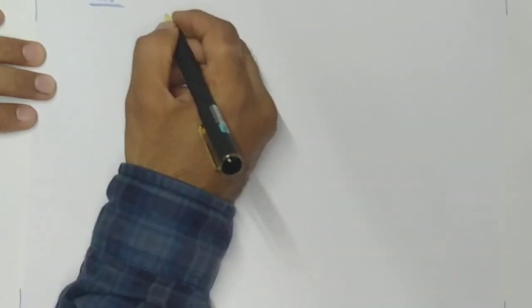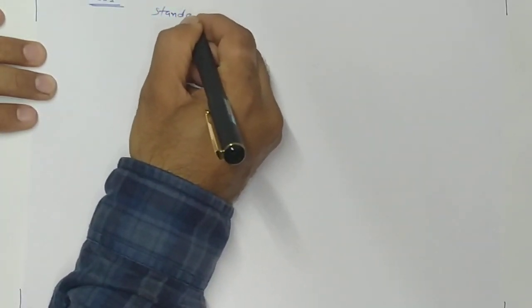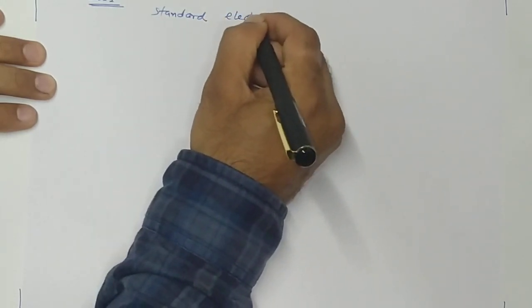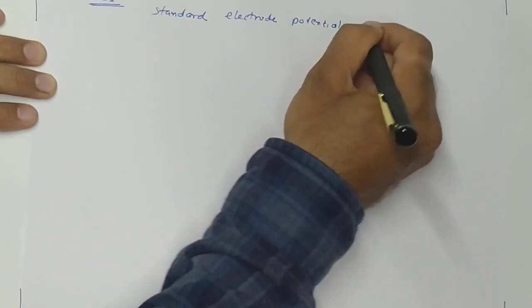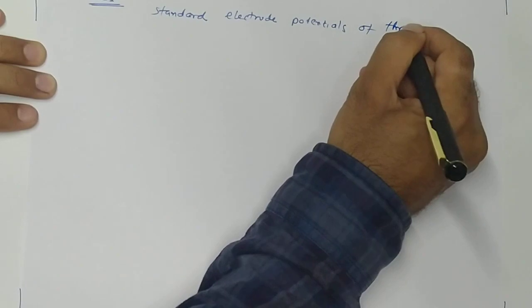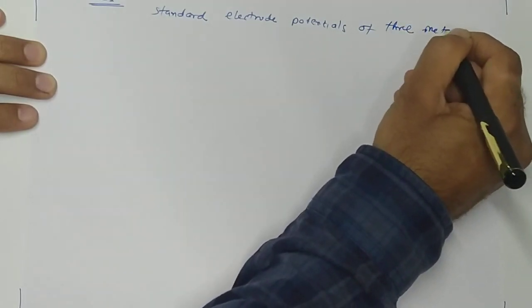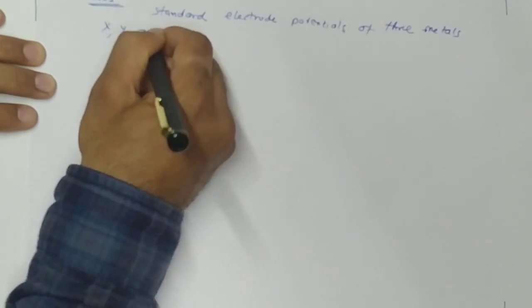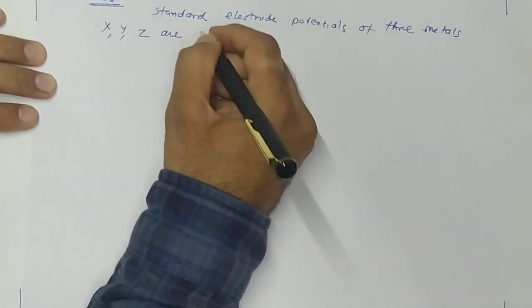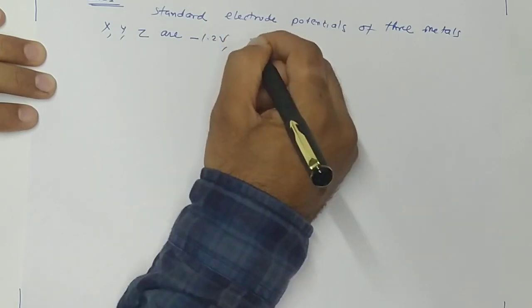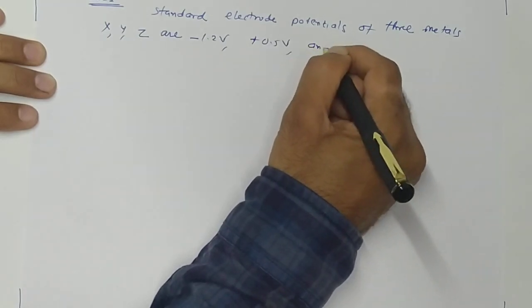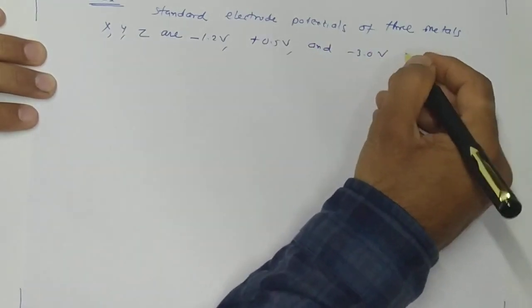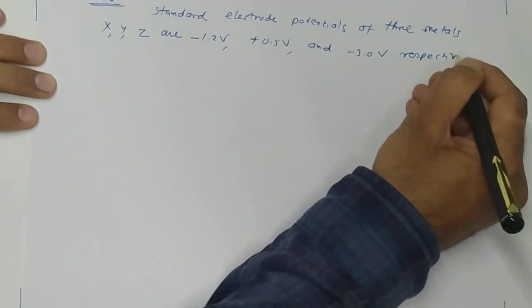Now 2011, many times: standard electrode potentials of three metals X, Y and Z are minus 1.2 volt, plus 0.5 volt and minus 3 volt respectively.